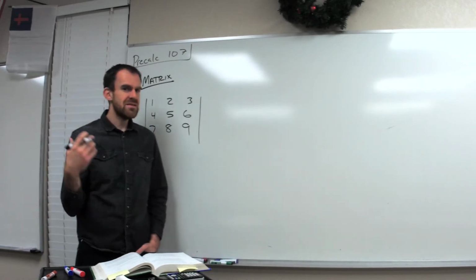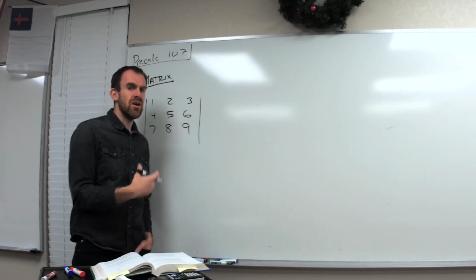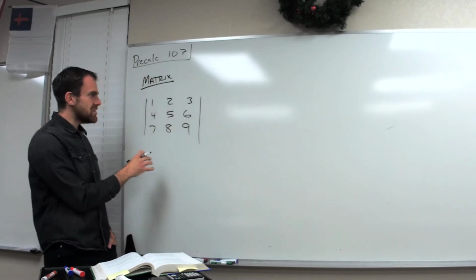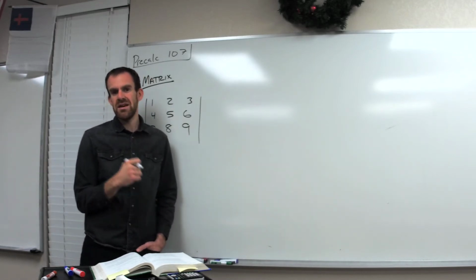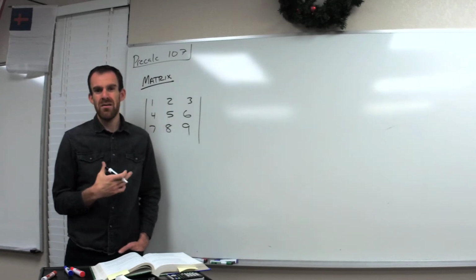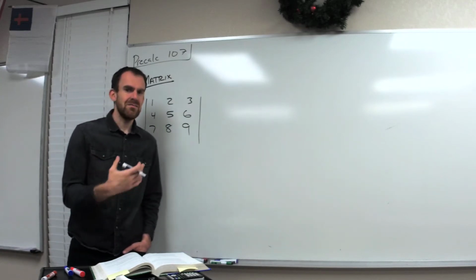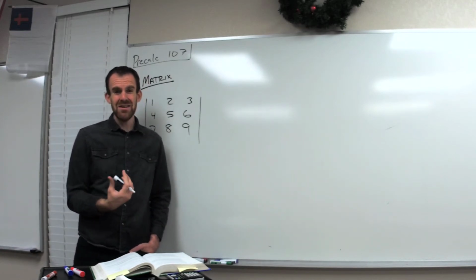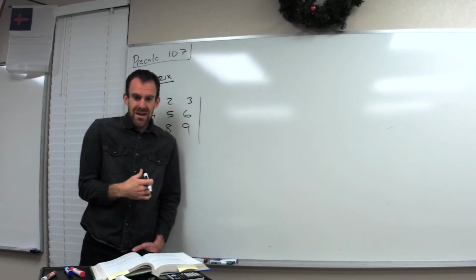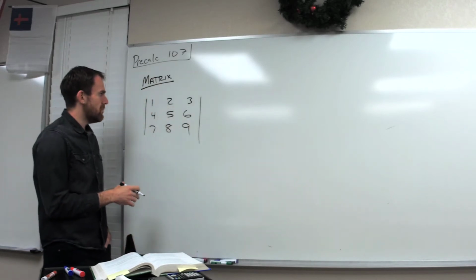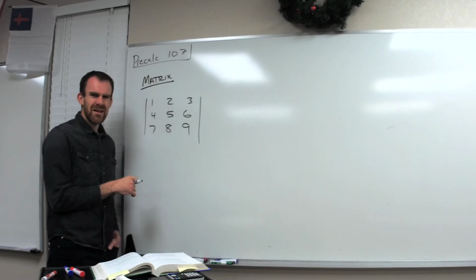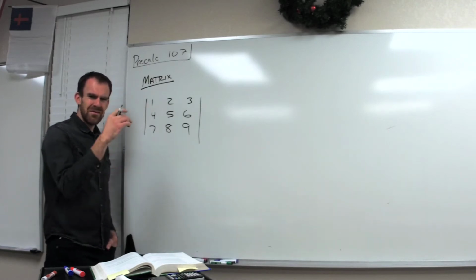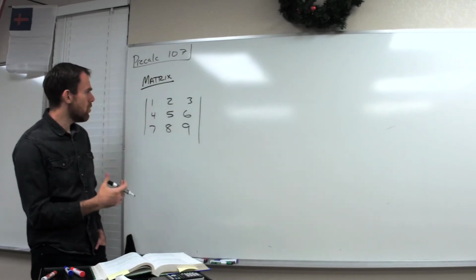You can solve a system of 100 equations and 100 variables using matrices rather than using some of our slower methods like substitution and elimination. Can you imagine having to substitute 100 times? It's impossible. It would actually be like 100 factorial times. Horrible.